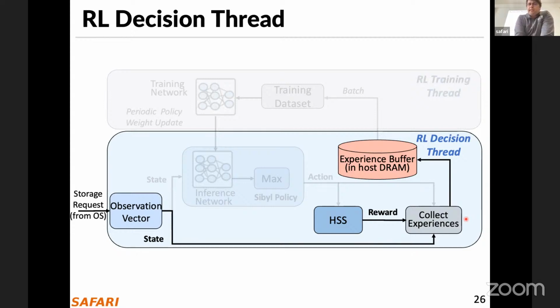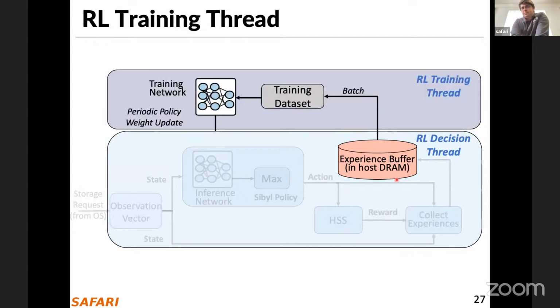This experience buffer is a simple buffer that stores all these experiences from the incoming requests, and it is typically stored in the host DRAM. The training thread picks up these experiences in batches, and that is the training set for the training network, and this happens frequently.